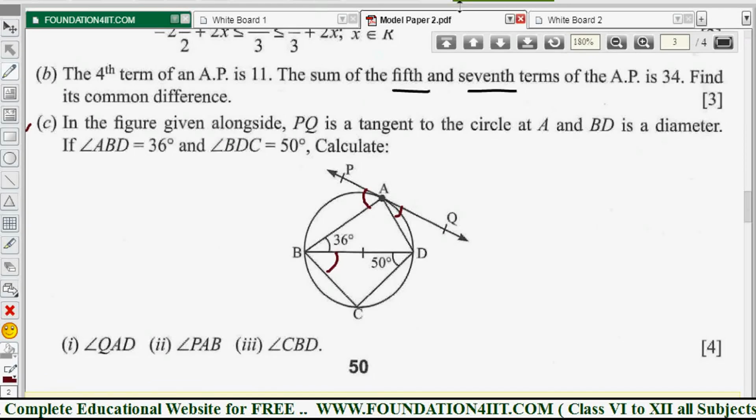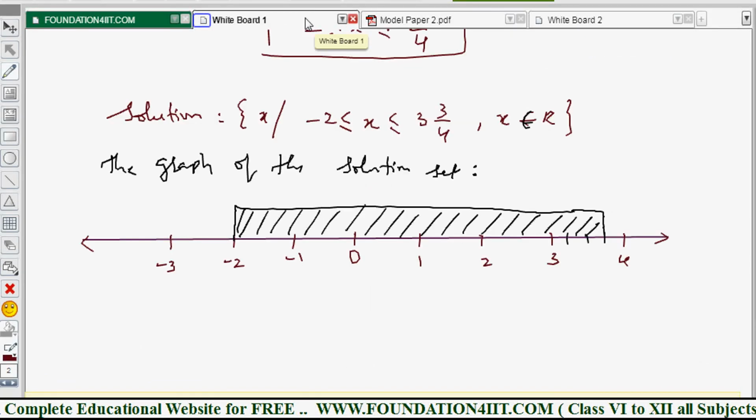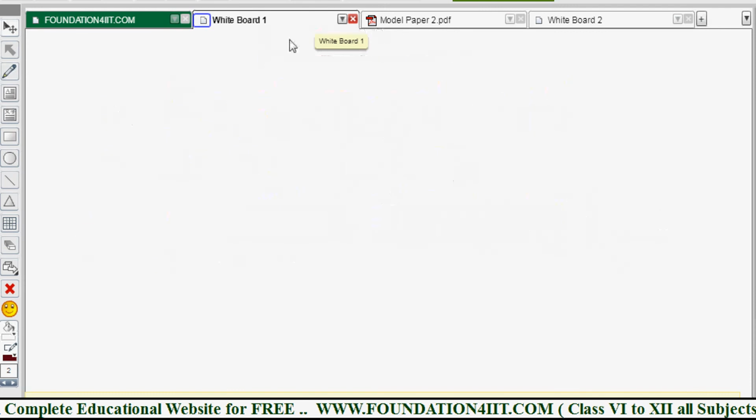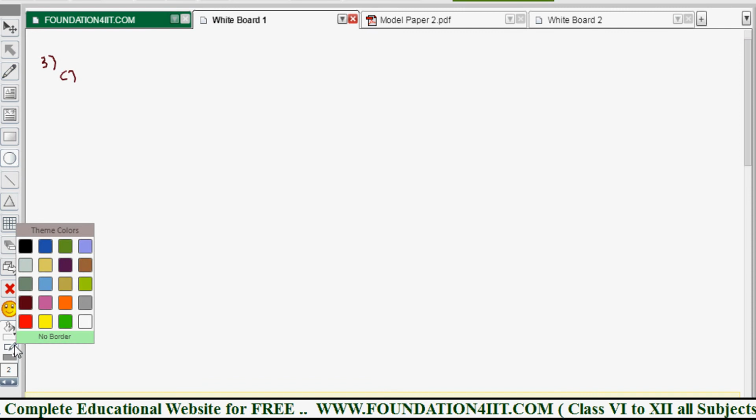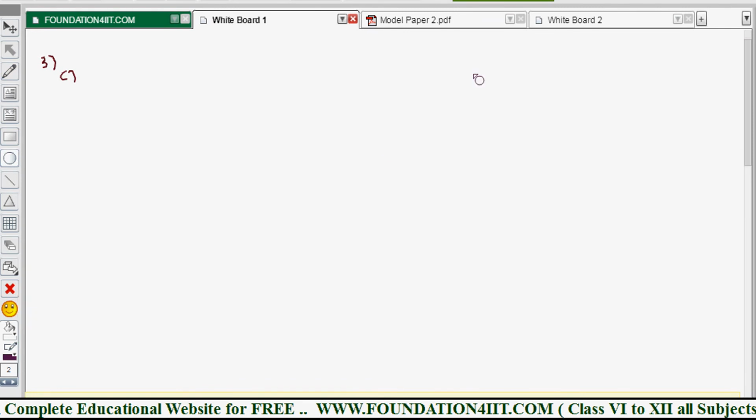So let's take this sum. Let's take the circle and use the circular properties. Now a tangent is also given. In this circle, this line is a tangent.